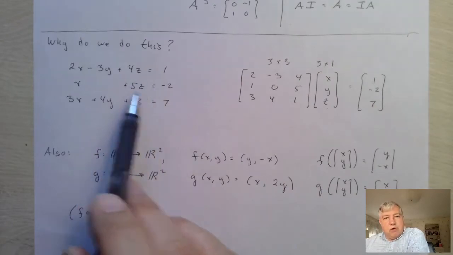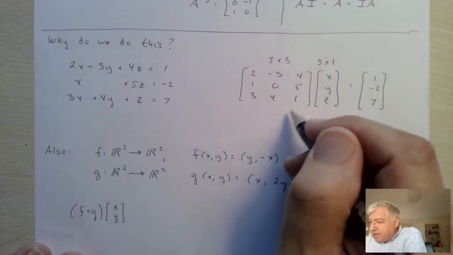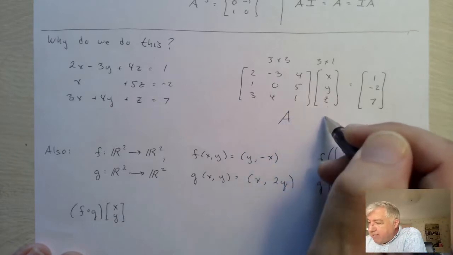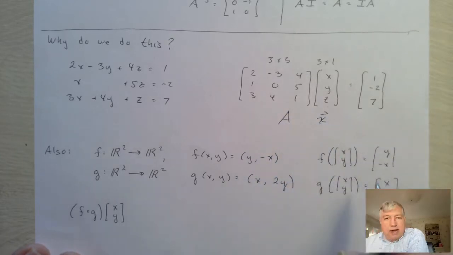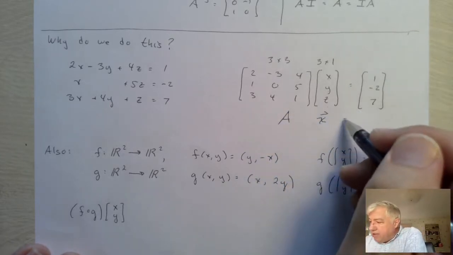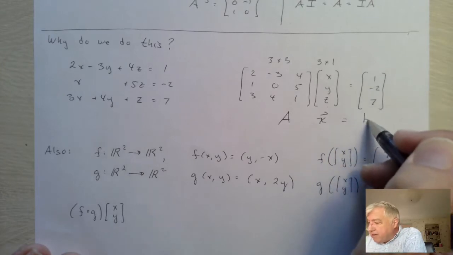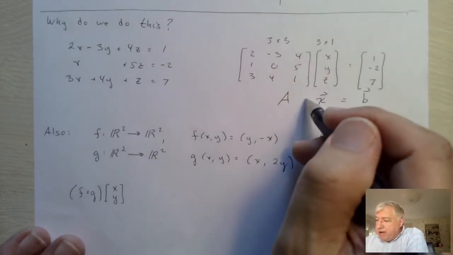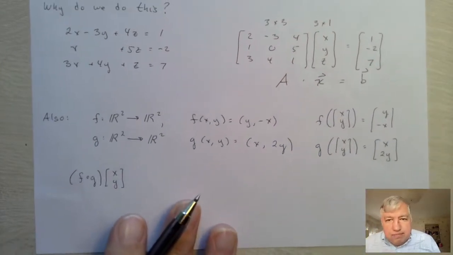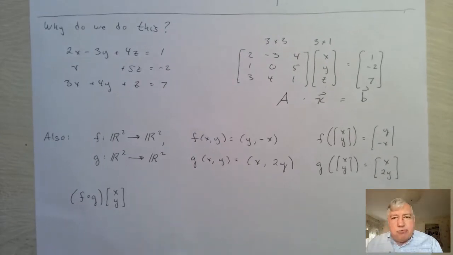If we call this matrix A, this matrix X, and this column vector B, what we now have is the matrix analog of a nice linear equation.